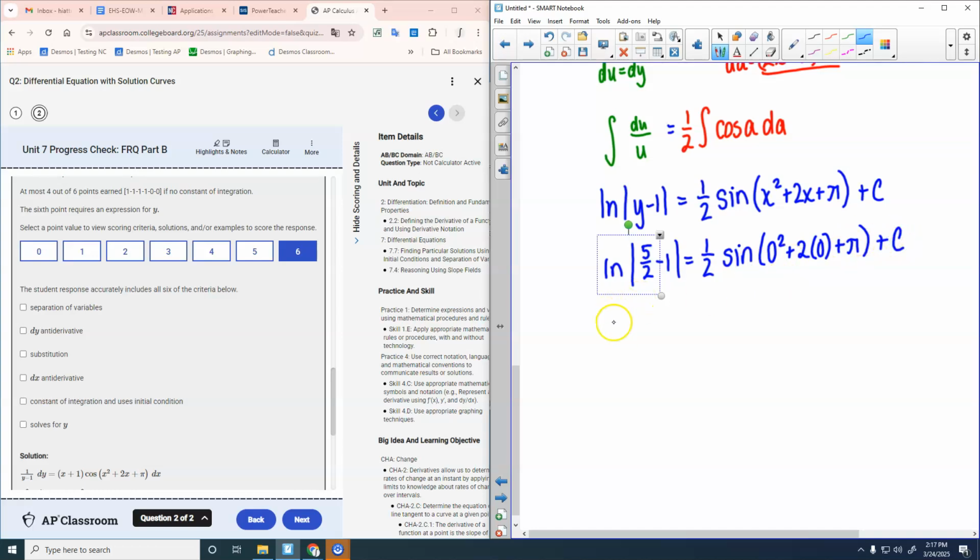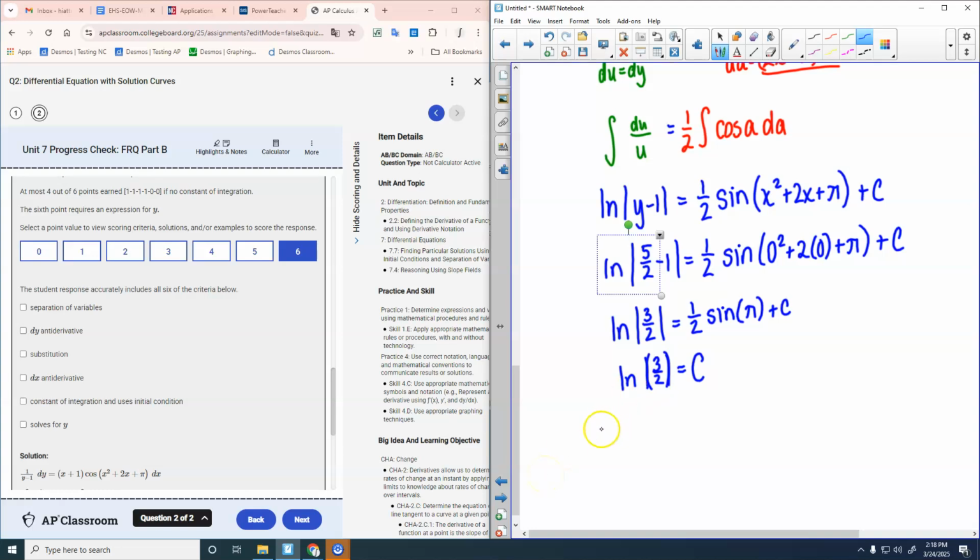So if we're solving for C, we got natural log of absolute value of 3/2 equals 1/2 sine of pi plus C. What is sine of pi? It's 0. Natural log absolute value of 3/2. Technically, those absolute value bars aren't really necessary because 3/2 is positive here. And half of 0 is still 0, so I get C. So my C is natural log of 3/2.